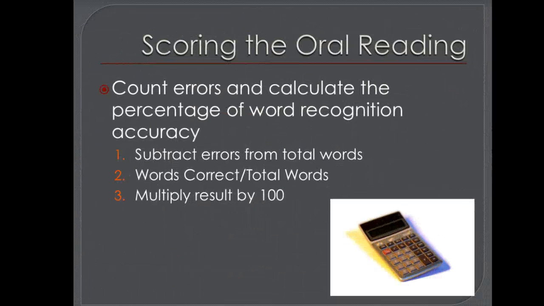When you are scoring their oral reading, make sure you know the proper calculation. You are subtracting errors from total words, then words correct divided by total words, and you multiply this by 100.